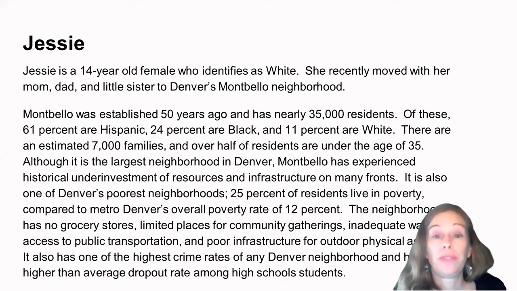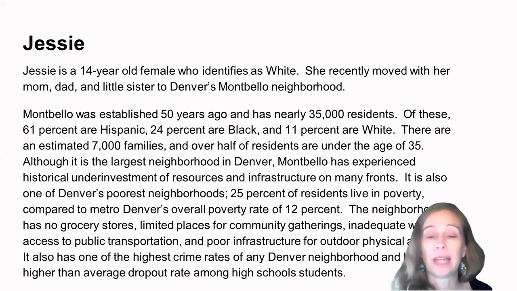Montbello was established 50 years ago and has nearly 35,000 residents. Of these, 61% are Hispanic, 24% are Black, and 11% are white. There are an estimated 7,000 families, and over half of the residents are under the age of 35.